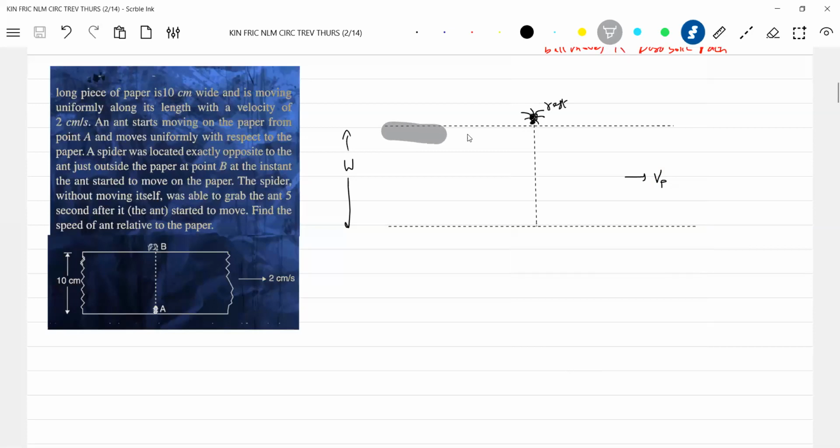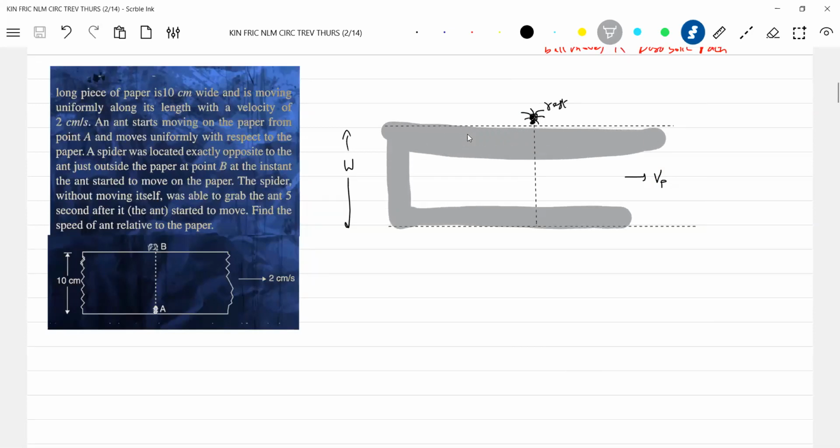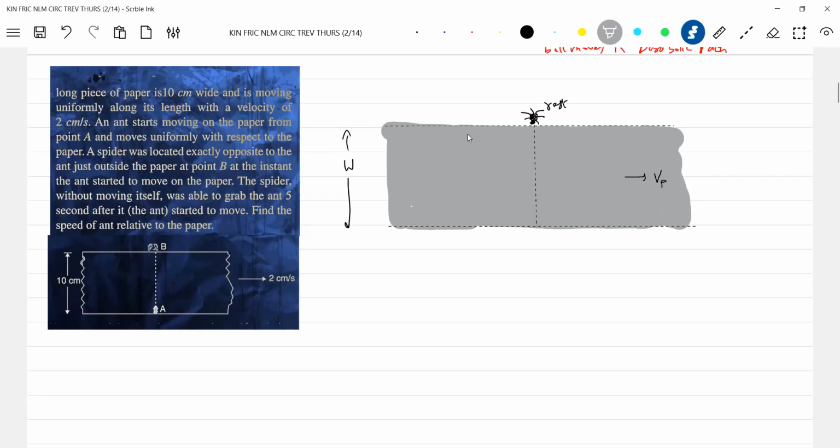This everything is the paper. Okay, the paper is moving with a velocity.